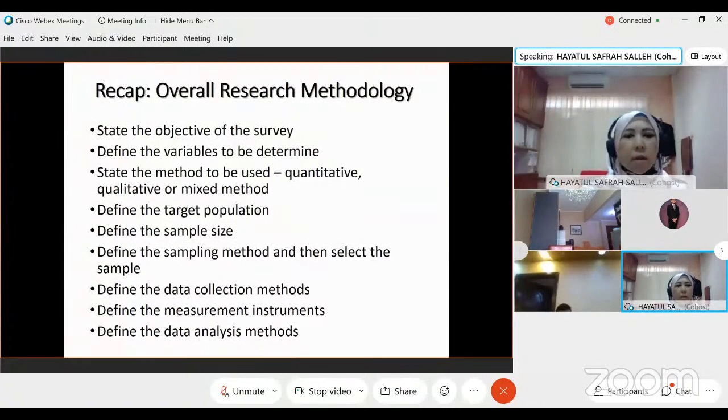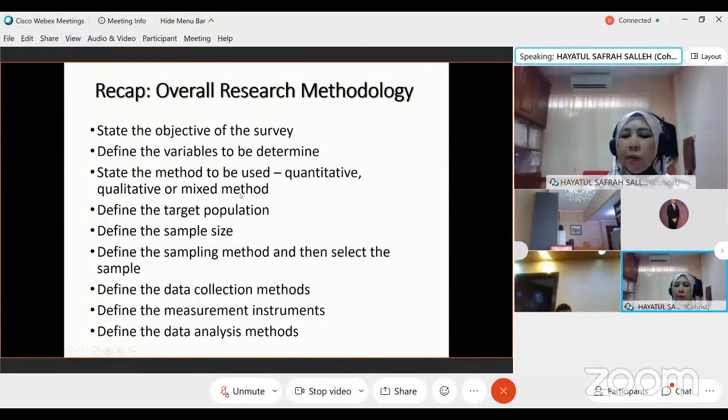Okay, recap. Overall research methodology. First, you have to state the objective of your study and your aims. What do you want to study? This is the objective of your study. Then from that, you define the variables to be determined to answer your research question or research objective.